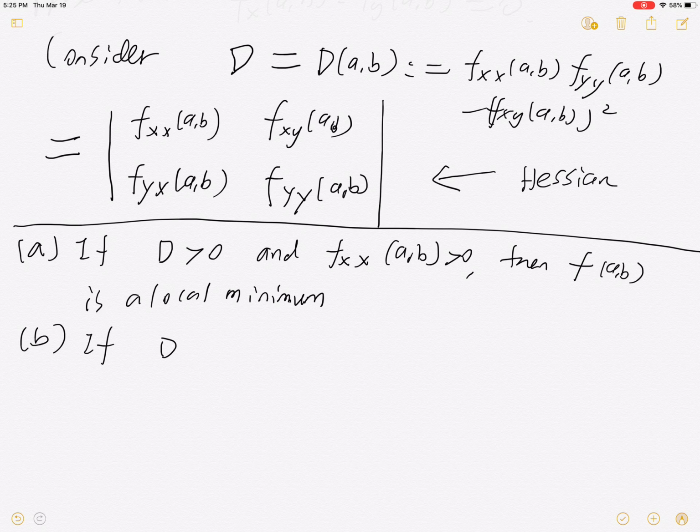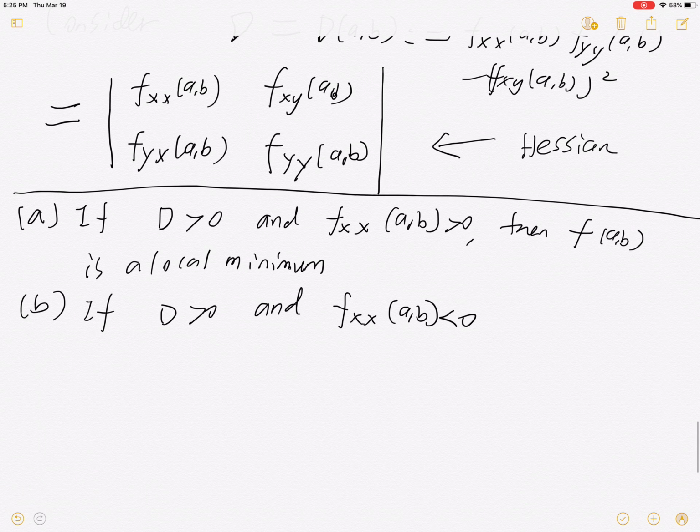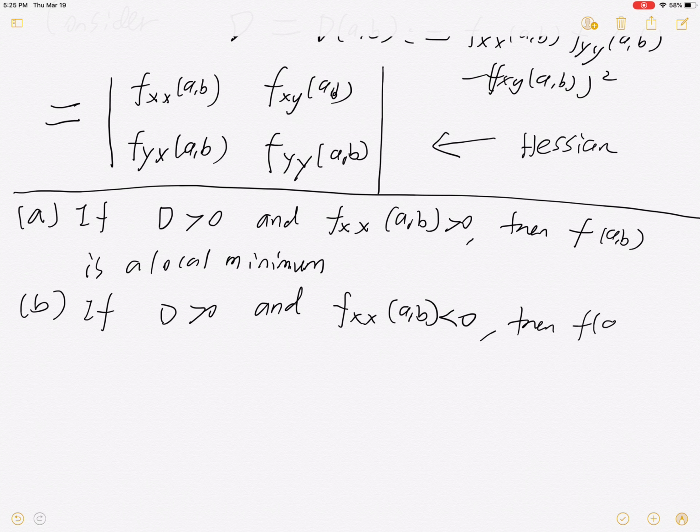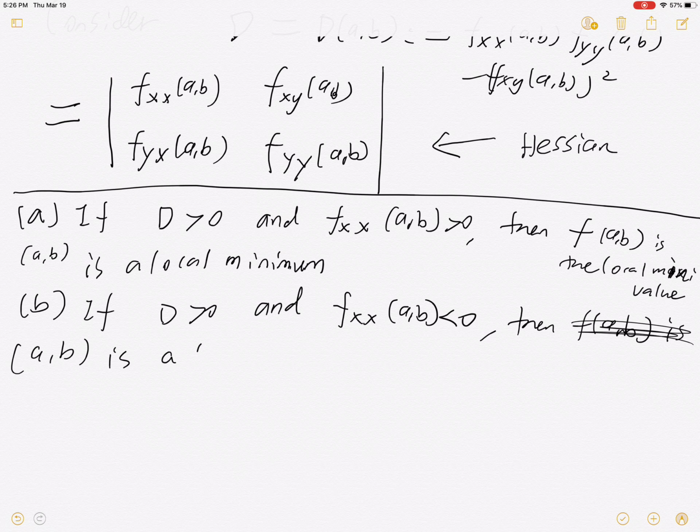B, if D is greater than 0 and f_xx is less than 0, then (a, b) is a local maximum, and f(a, b) is the local maximum value.